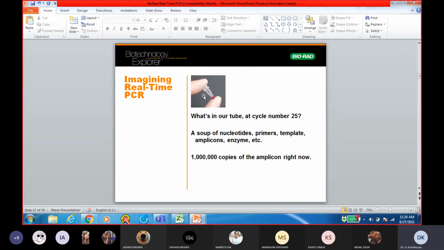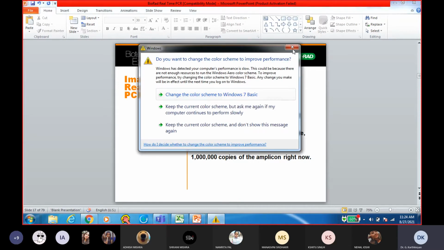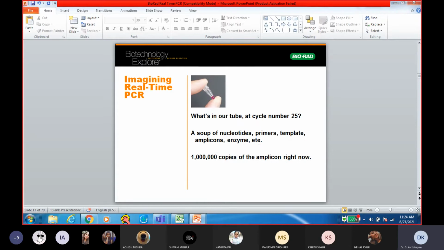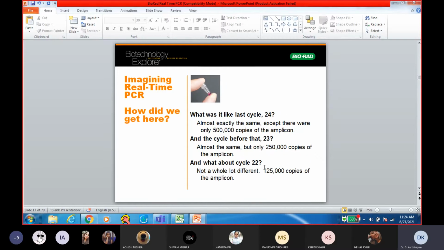You have amplified till the 24th cycle, so all those PCR products will be there. You have Taq polymerase and all that. Approximately, you may have about 1 million copies of the amplicon at this point in time.